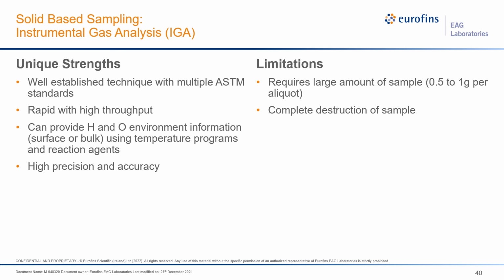It's rapid, with high throughput, so it can analyze many samples quickly. It can also provide hydrogen and oxygen environment information, both on surface and bulk, using a combination of different temperature programs and reaction agents. And it is precise and accurate as well.